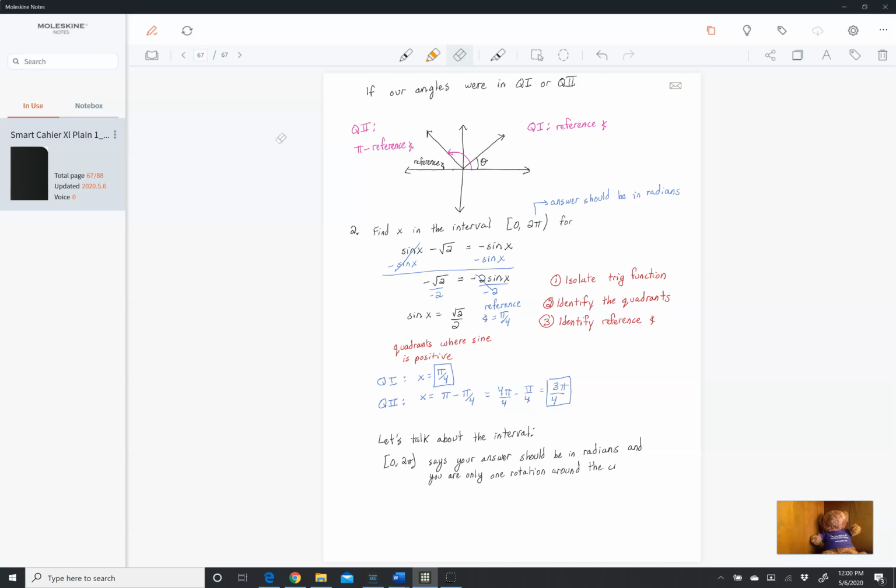Now the same thing is true if you went from 0 to 360. This says your answer should be in degrees, and you are looking at one rotation around the circle.